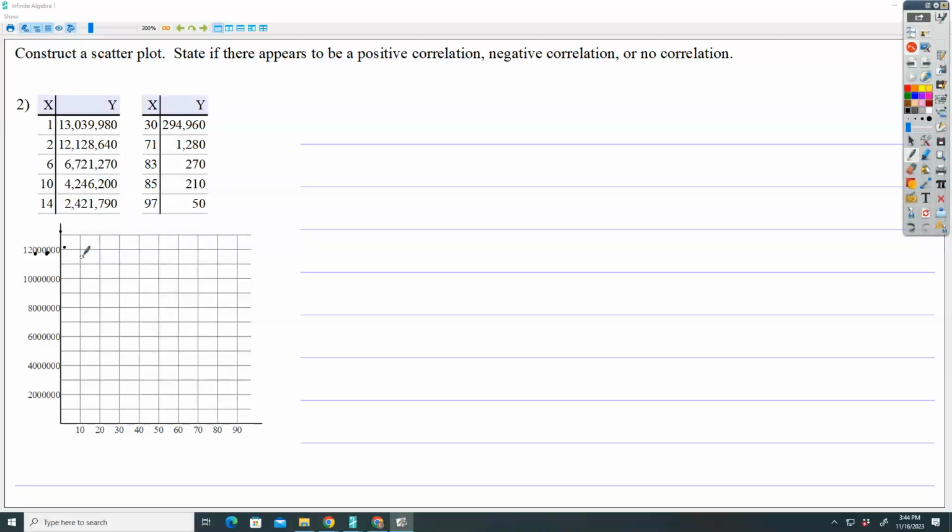And then 6 and 6 million somewhere in there. Oops, that should almost be 7 million right there. Then we've got 10 and a little over 4 million. And then 14 and a little over 2 million would be about here.